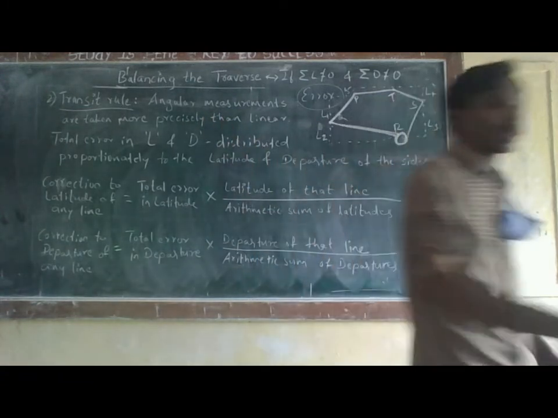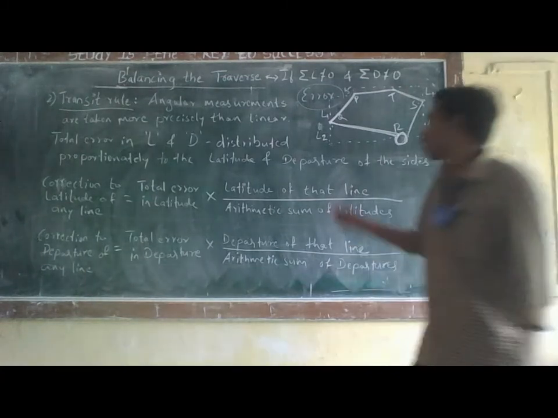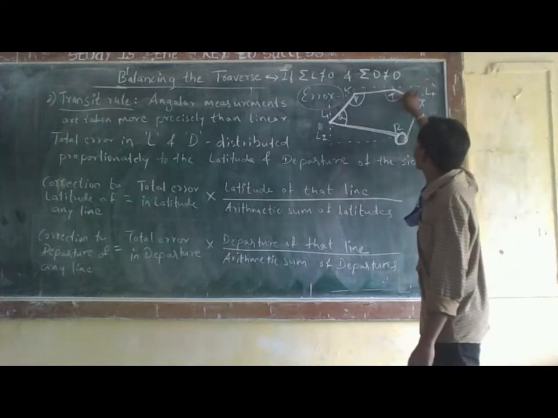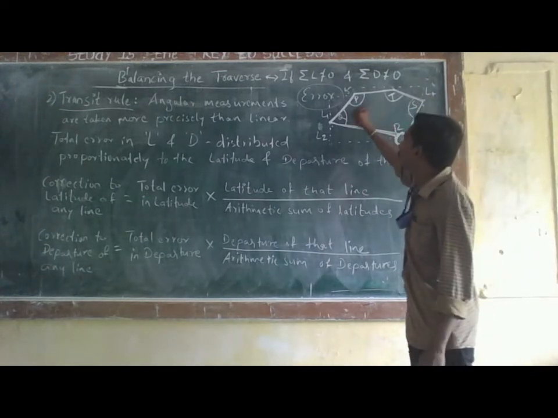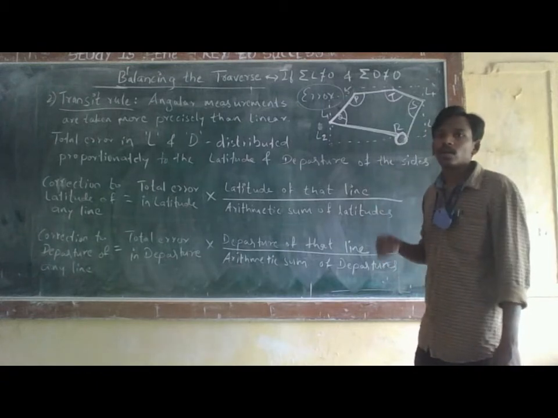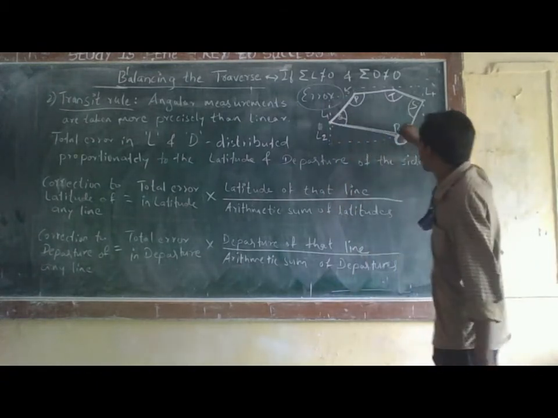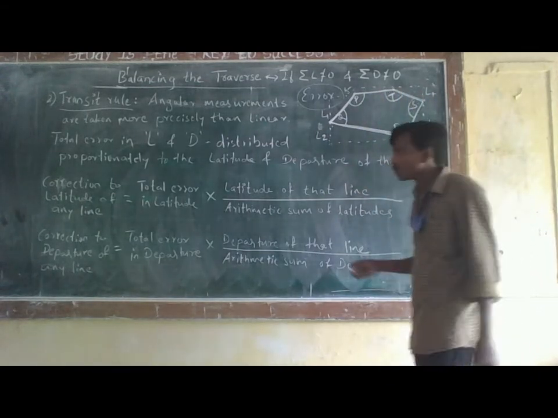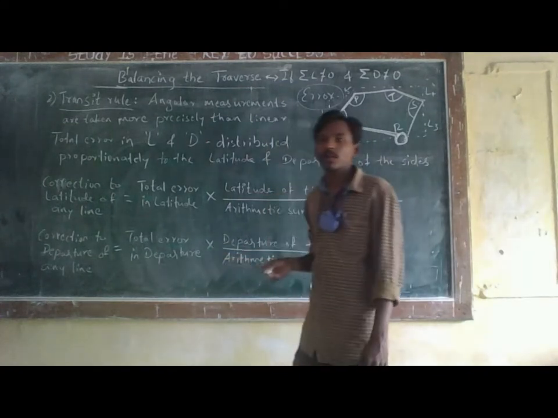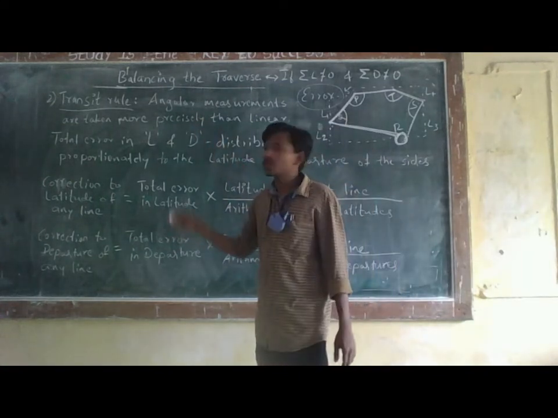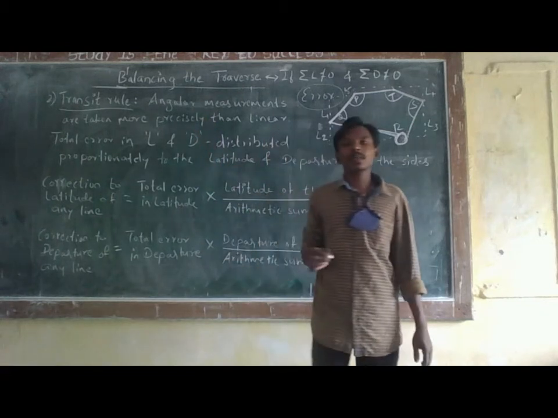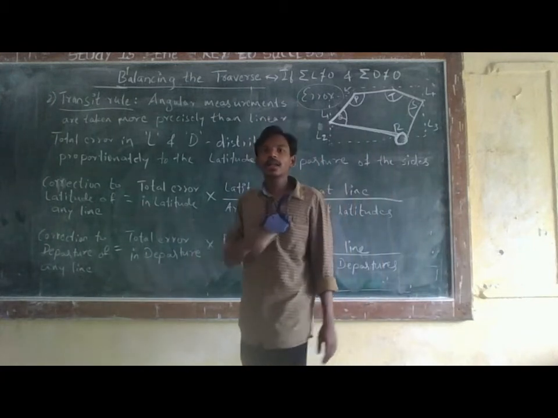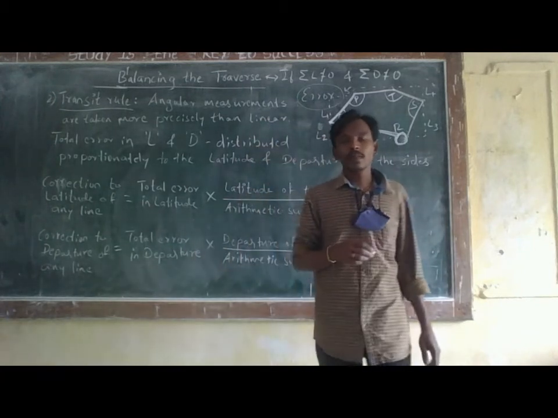So the difference between Bowditch's rule and transit rule is, in transit rule only the angular measurements are more precise, but in Bowditch's rule both angular and linear are precisely taken.